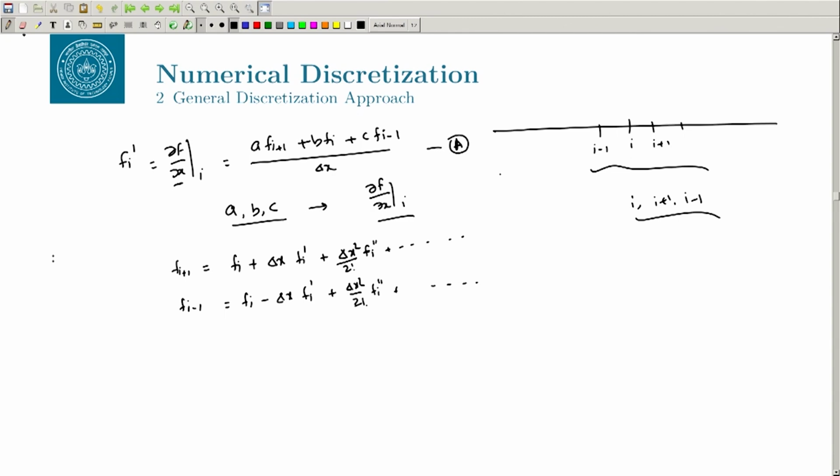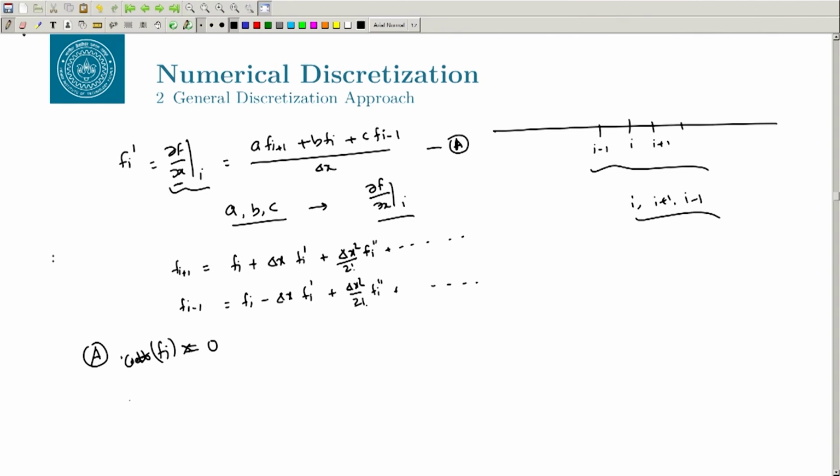If you closely look at equation A, on the left side there is no f(i) term, so the coefficient of f(i) is equal to 0.